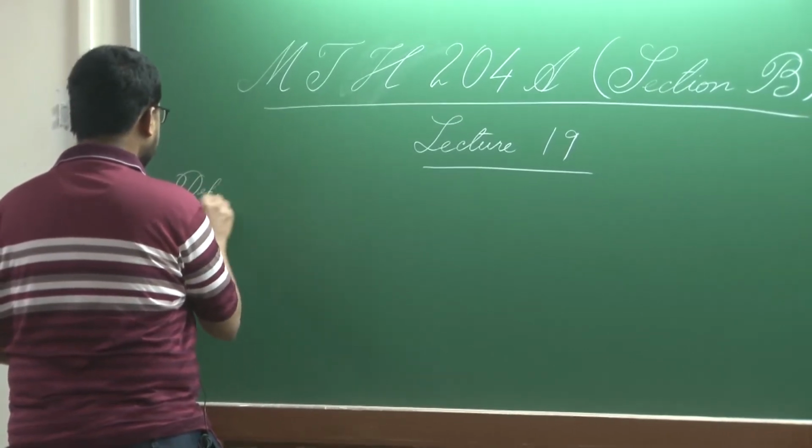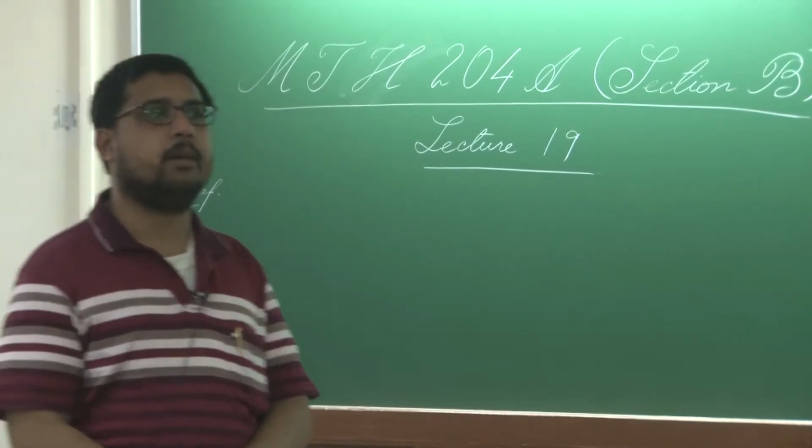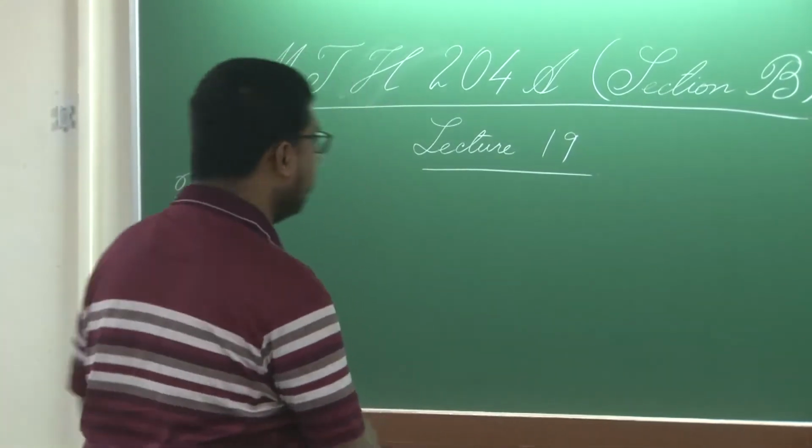What we are going to define is something called the characteristic subgroups, or in other words, fully invariant subgroups or strongly normal subgroups.